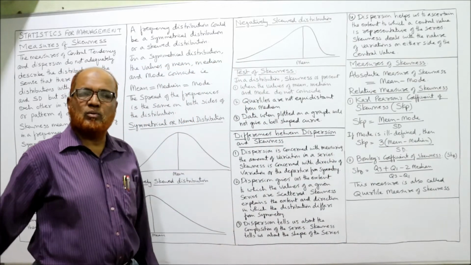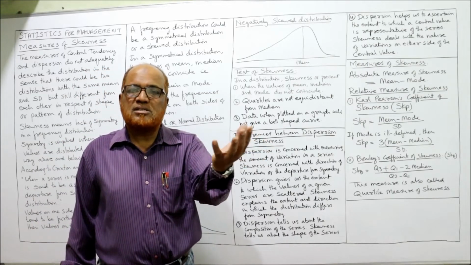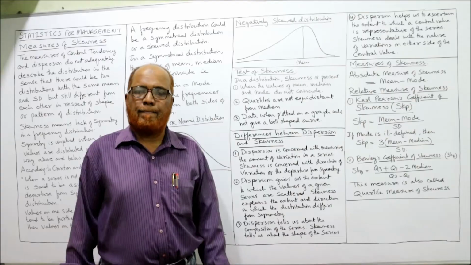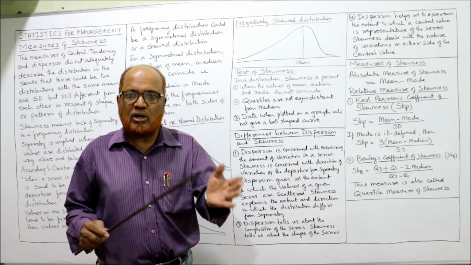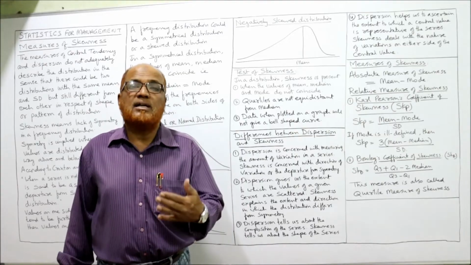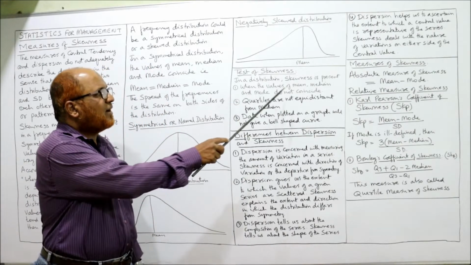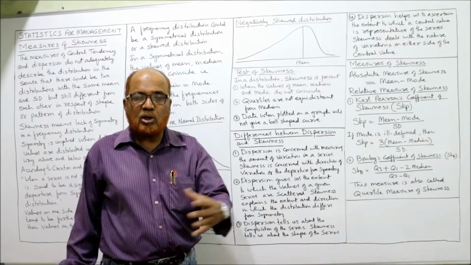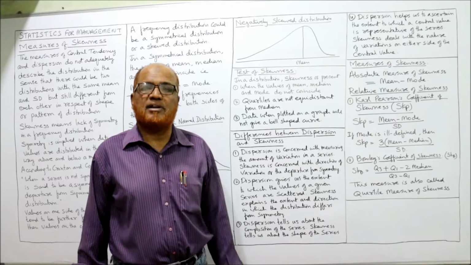Now tests of skewness. How can we find out whether the distribution is symmetrical or skewed? What are the tests? I have specified three tests here. First, when the values of mean, median, mode do not coincide, there is asymmetry.